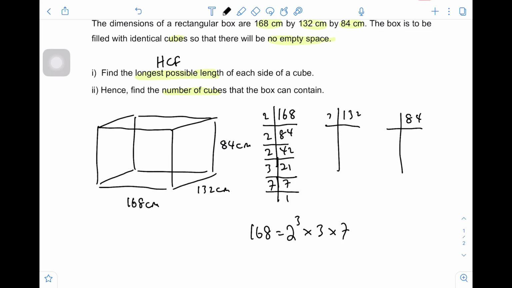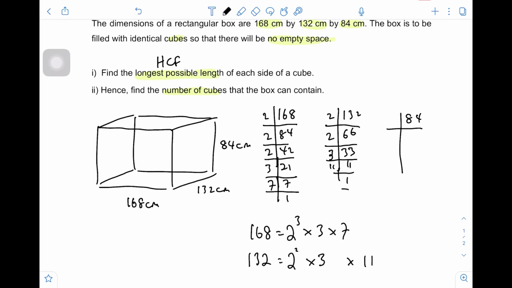Alright, so we do the same thing for 132. Divide by 2 first, you get 66. Further divide by 2, you get 33. Divide by 3, you get 11. Divide by 11, you get 1. So 132 is equal to 2 squared times 3 times 11.